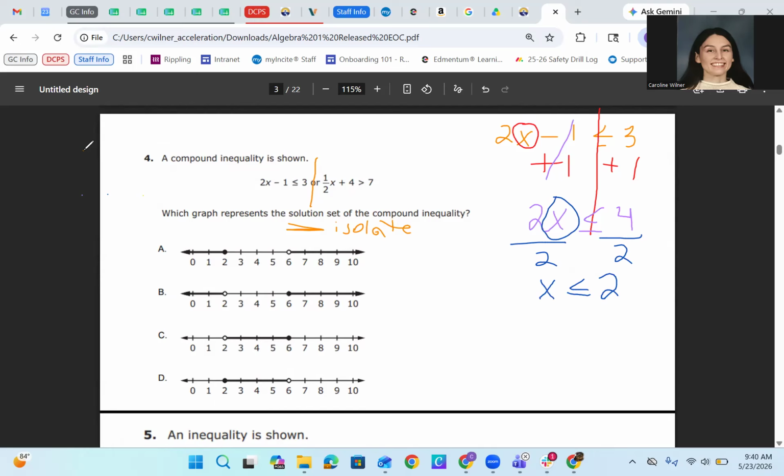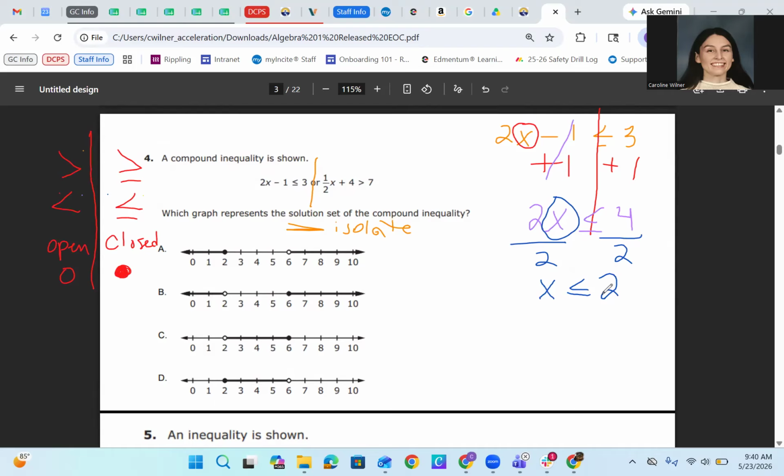Alrighty, so with this one, what does the inequality sign tell us here? Well, very similar to solid versus dashed. If your inequality sign has no line underneath, that is going to be an open circle. If it has a line underneath, that is going to be a closed circle where you're going to see it actually filled in. Open, closed.